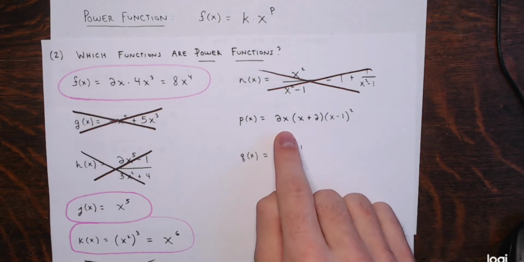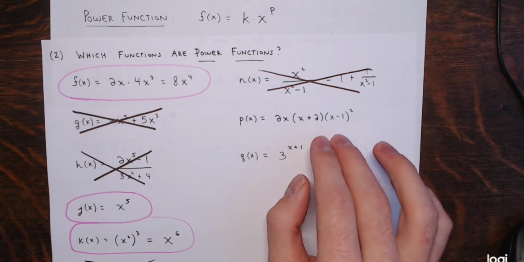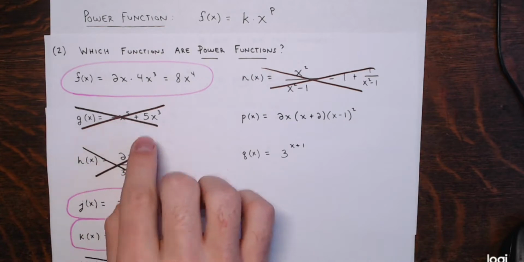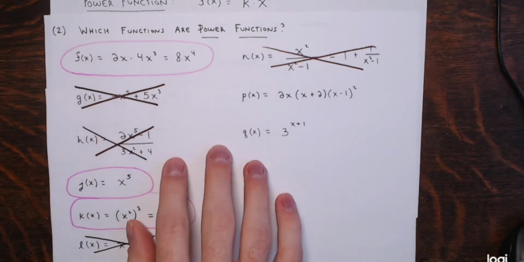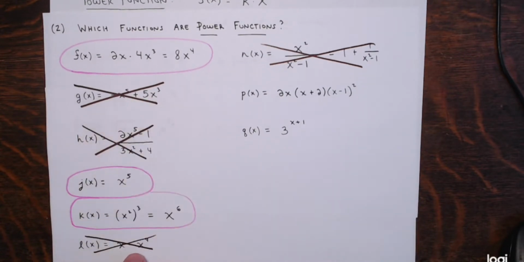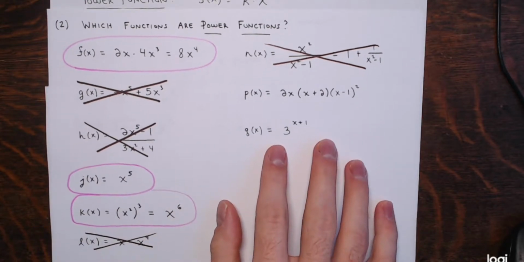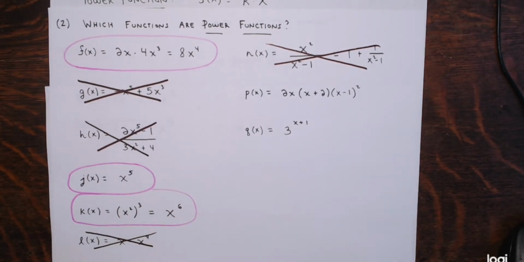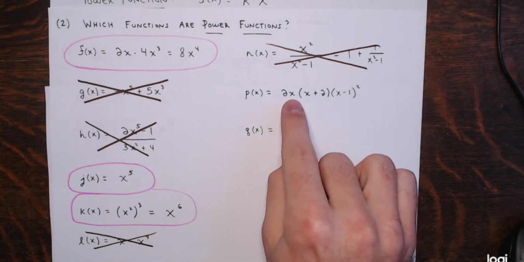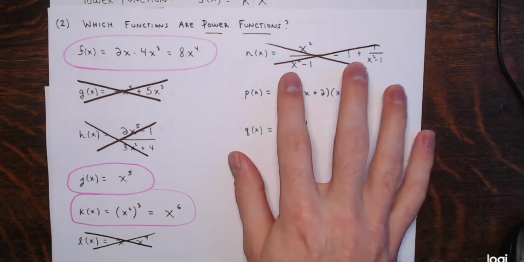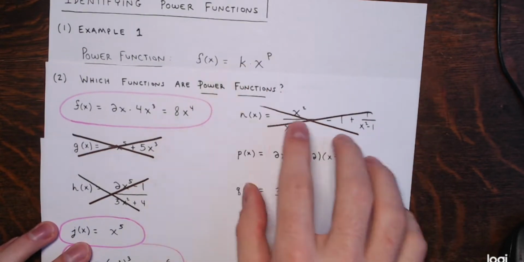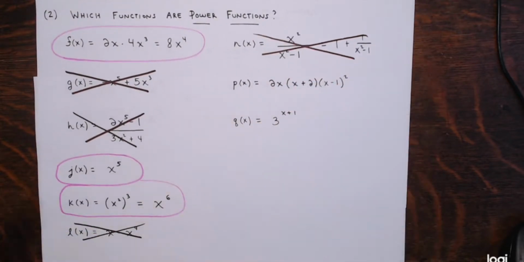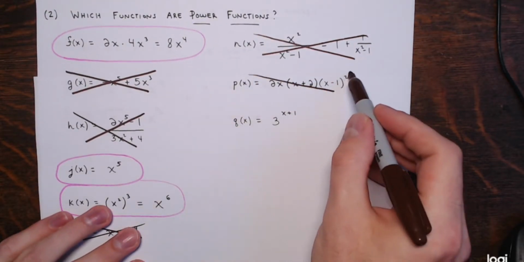Each term would be its own power function, but remember from earlier, like g of x and L of x, the sum of power functions doesn't make a power function. I cannot express this as just a number times x to a power. Because I can't do that, it's not a power function.